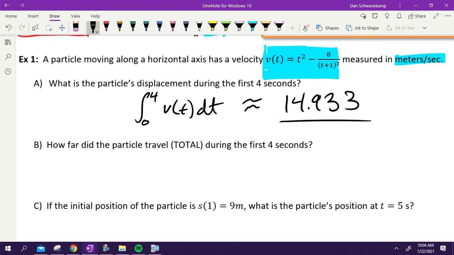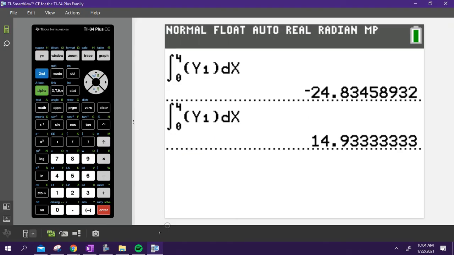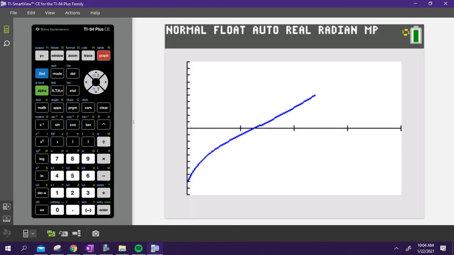Then we don't care. How far did the particle travel during the first 4 seconds? How far did it travel total during the first 4 seconds? To better understand that question, let's look at the graph. You don't have to do this on your calculator, but just look at my screen. There is the graph of this.